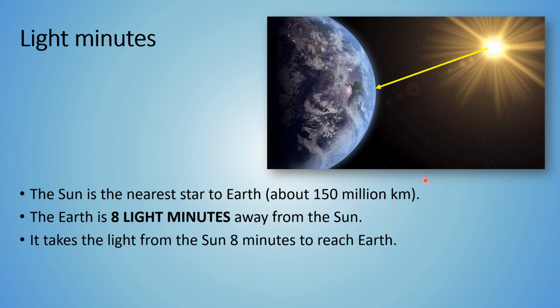But it takes light only 8 minutes to move from the sun to the Earth. And that is why the distance between the Earth and our sun is 8 light minutes.